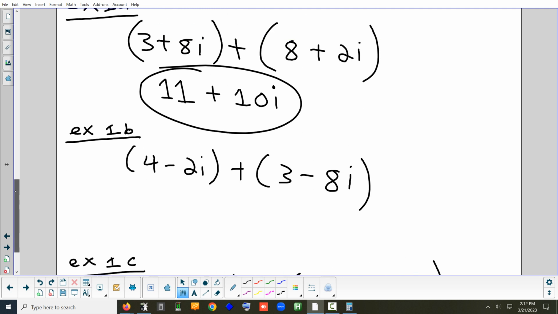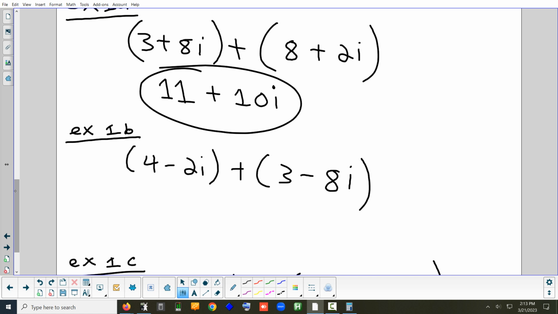Let's try another one. So 4 minus 2i. And then I want to add 3 minus 8i. When I add those together, what's going to be the real part? 7.